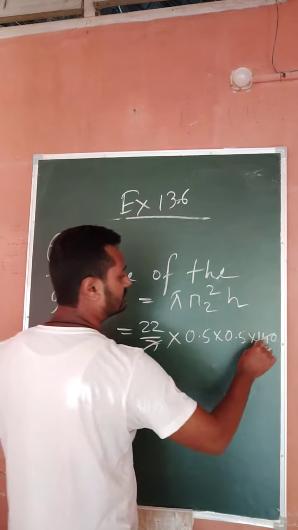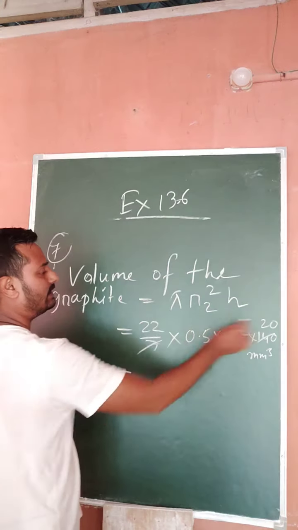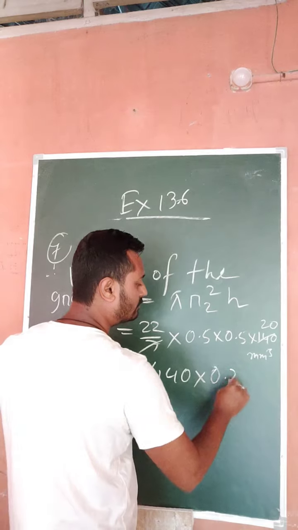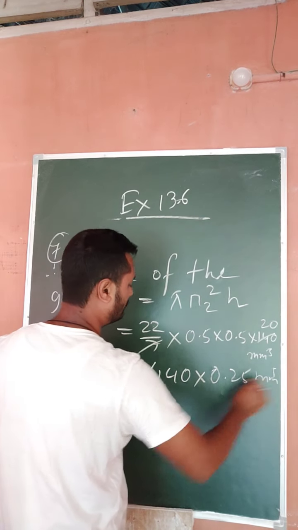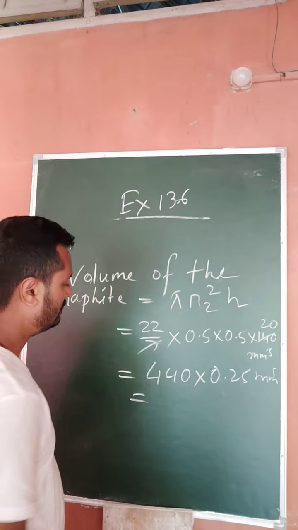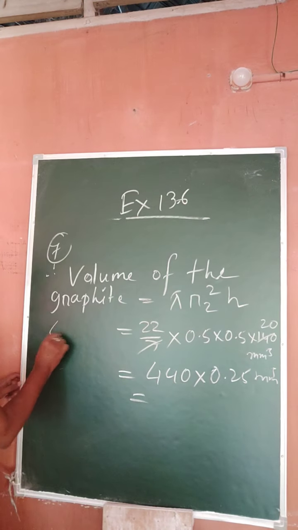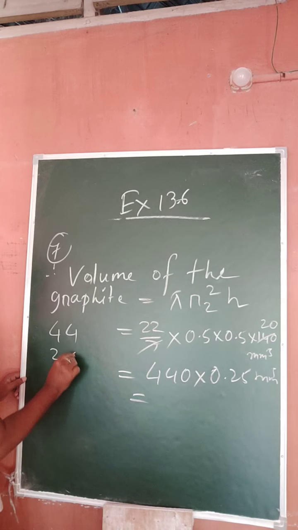So 7, this one is 20. So 20 into 2, 44. That means 440 into 0.25 millimeter cube. So calculation do yourself. 44 into 2.5.